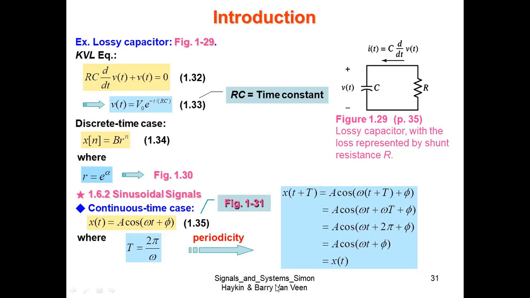AC signal, our electricity. What is the frequency of electric signals, by the way? 50 hertz. It is a 230 volt, 50 hertz thing.